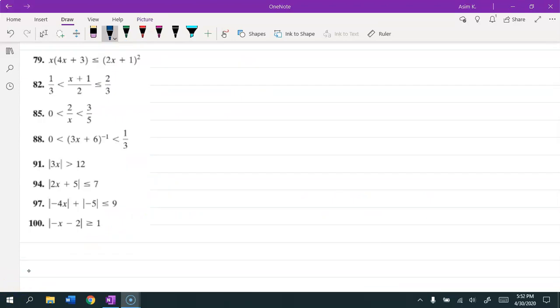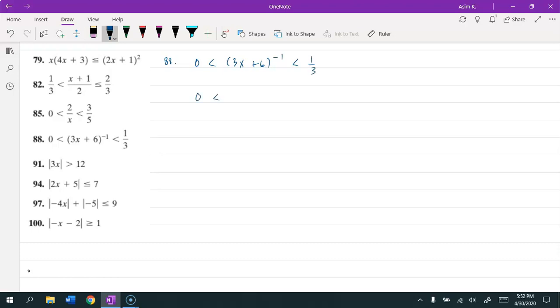Now, number 88 is very similar. It basically says 0 on the left side, 3x plus 6 to the power negative 1 in the middle, and then less than 1/3. So again, what's the logic?